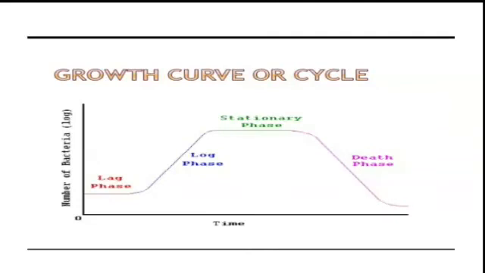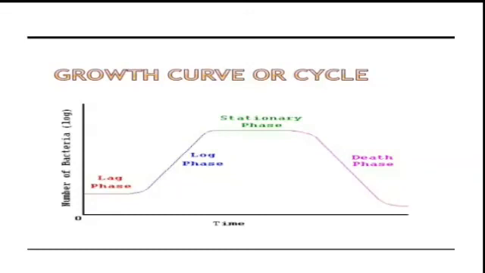So the first thing is lag phase. Lag phase means it stays there waiting for the change. You put a bacteria inside the culture plate, it observes the environmental change and it is waiting. Then it starts to take the nutrients, multiply and grow. That is called log phase or growth phase. At a certain point nutrition limitation happens and they stay in the stationary phase where no growth or death happens.